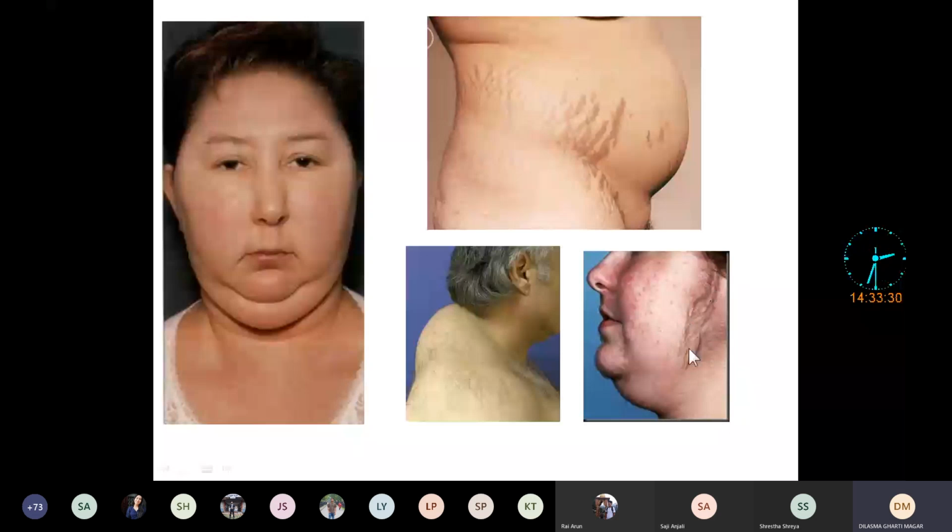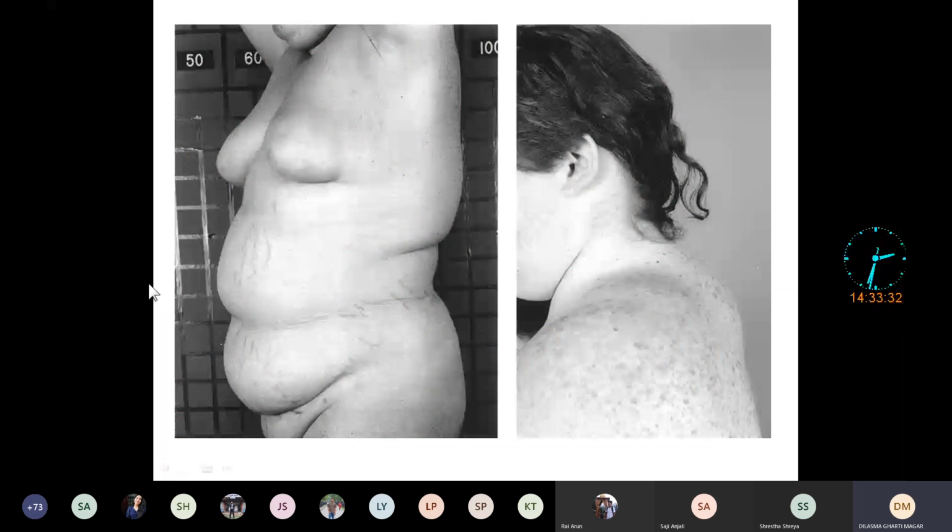So another picture also somewhat similar. So you can see here central obesity is there. The picture on the left side, central obesity is there, and so more and more deposition of fat in the abdomen. And then you can also see the abdominal stria. And then on the right side, you can see the buffalo hump.